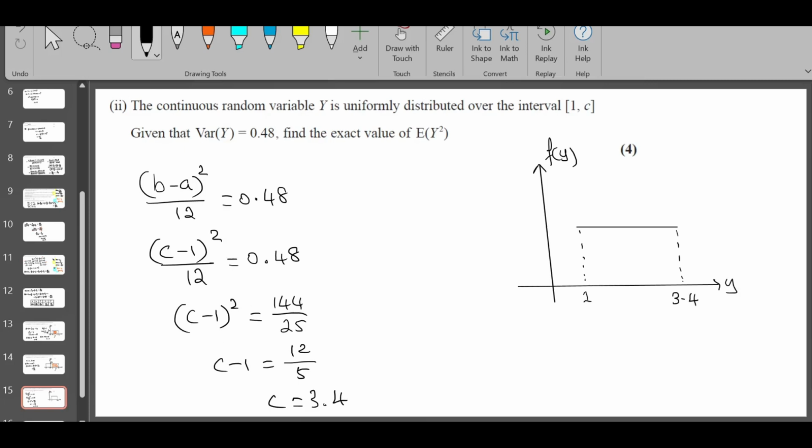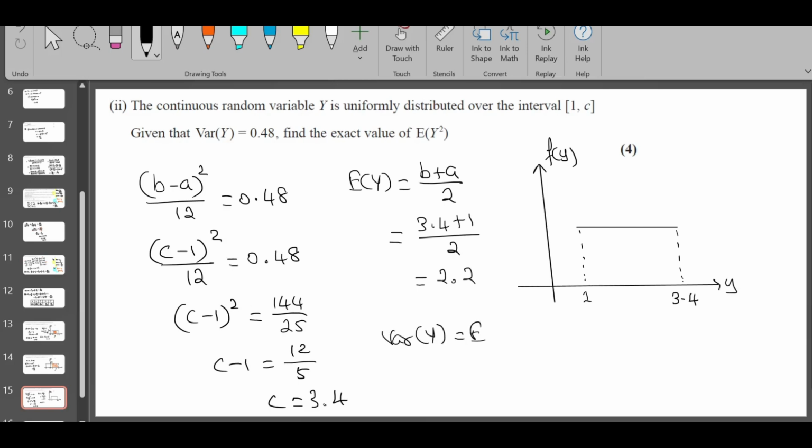Okay. Now they want us to find e of y square. Let's find e of y first. The formula is b plus a over 2. These formulas are given in the data booklet. So it's 3.4 plus 1 over 2. 4.4 over 2 is 2.2. And then use the formula for variance of y.